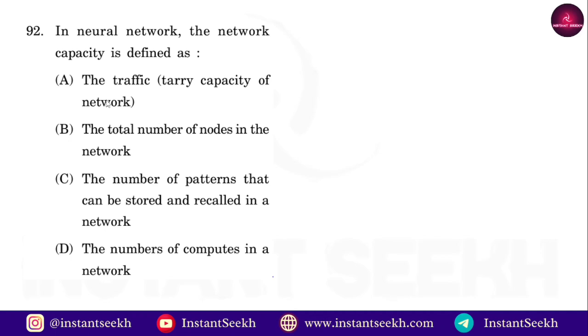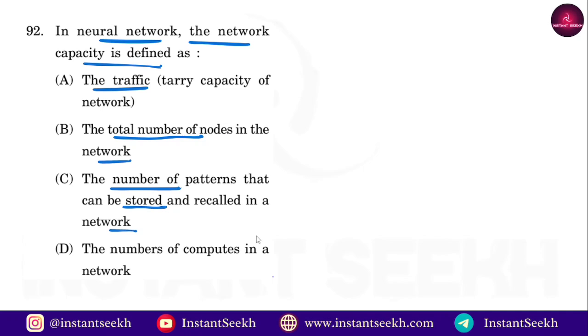In neural network, question number 92, the network capacity is defined as the traffic capacity of network, the total number of nodes in the network. Option C, the number of patterns that can be stored and recalled in the network. Option D, the number of computers in a network.